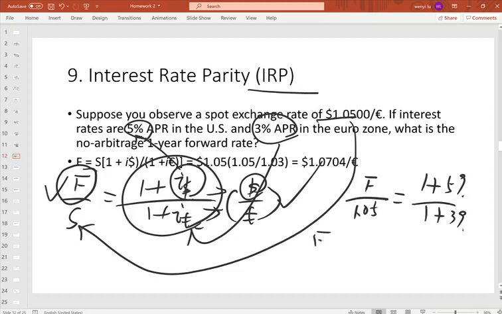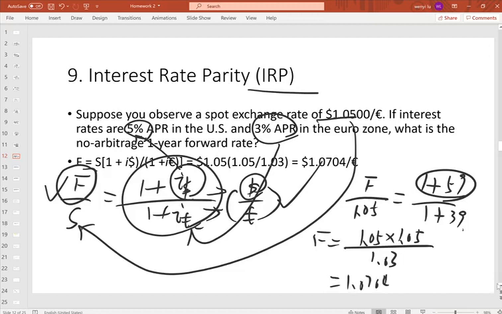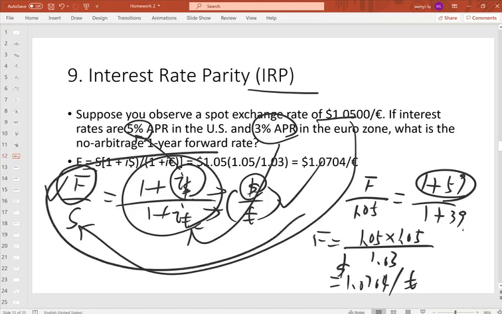You can solve for the forward rate: 1.05 times 1.05 over 1.03, which equals $1.0704 per euro. As for question 9, we have the covered interest rate parity to solve for our forward rate.